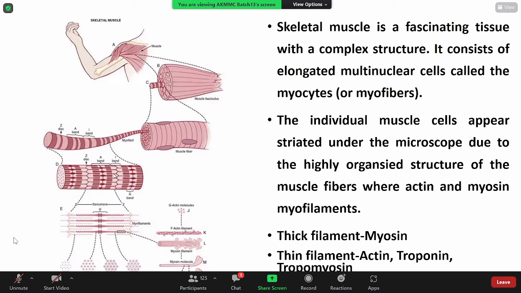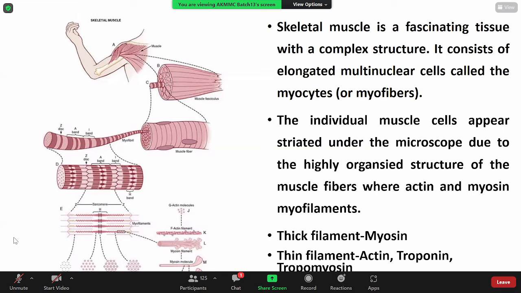Here the two actin filaments meet together. That's why the Z line is formed, and this is the dark part of the I band. Okay, this Z line.